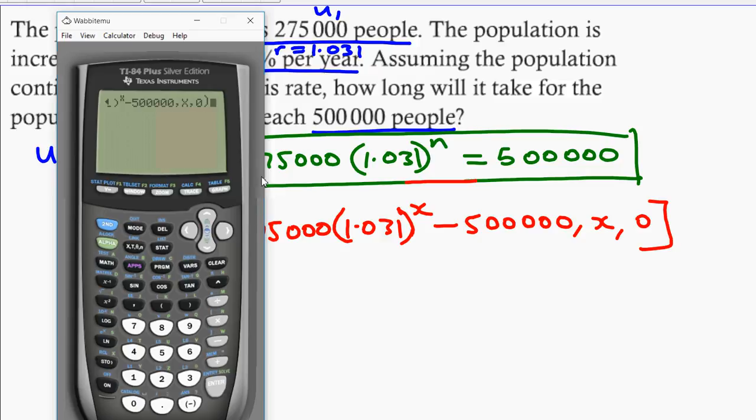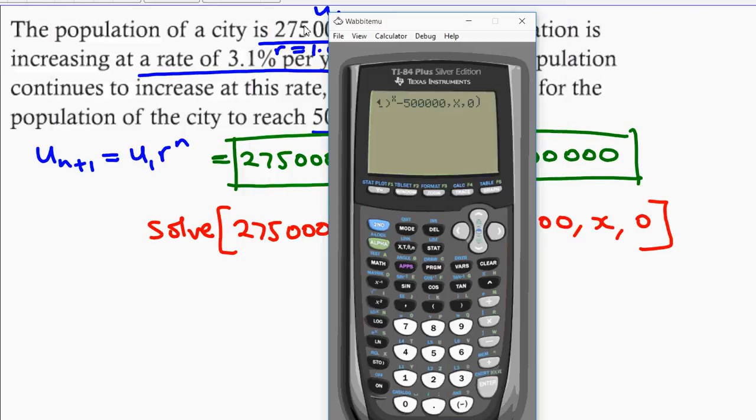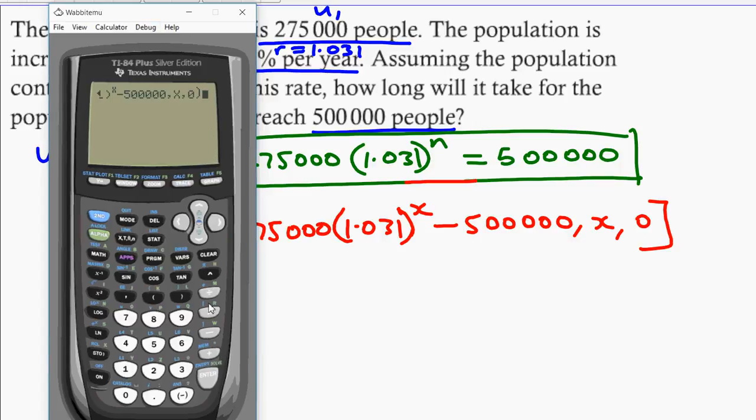So you can see how I plugged it in exactly the way it is here. And then if you press enter, you should be able to get that value.